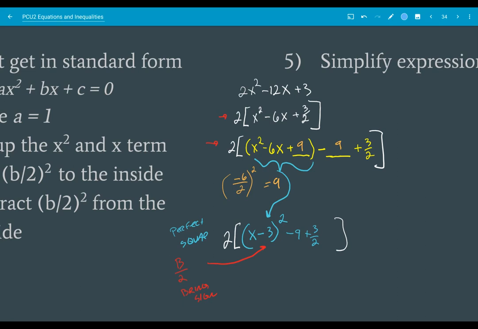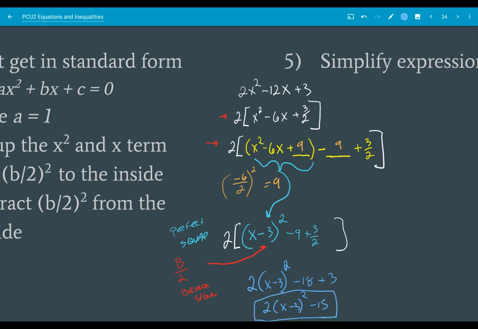So in this case, I think distributing the 2 is going to be easier, and then we can combine. So we're going to end up with 2(x minus 3) squared minus 18 plus 3. So this becomes 2(x minus 3) squared minus 15.